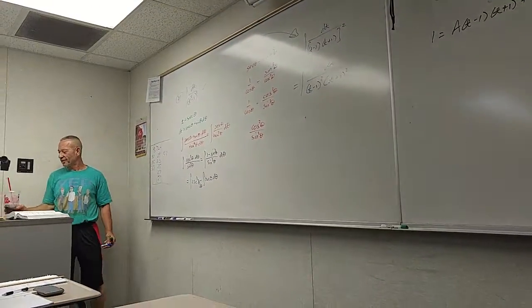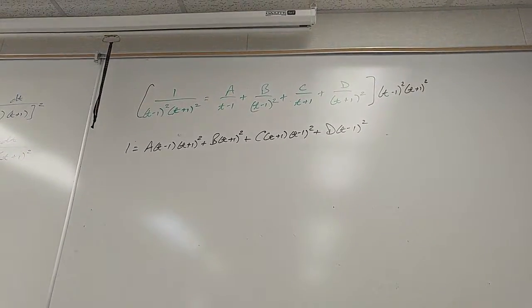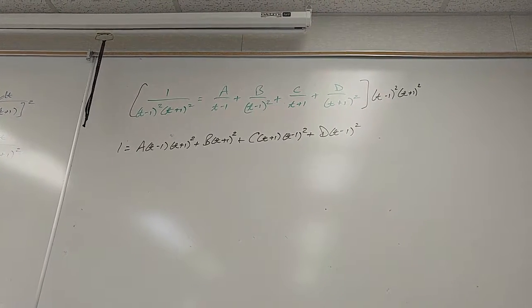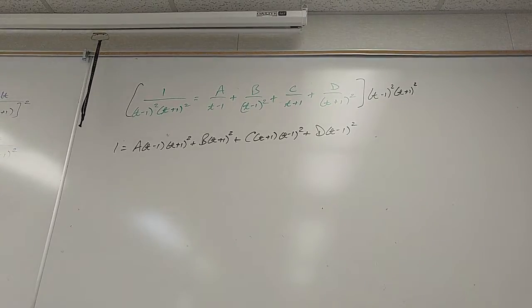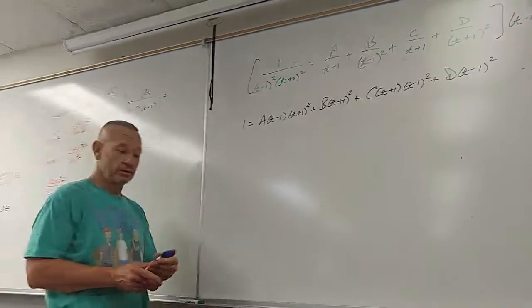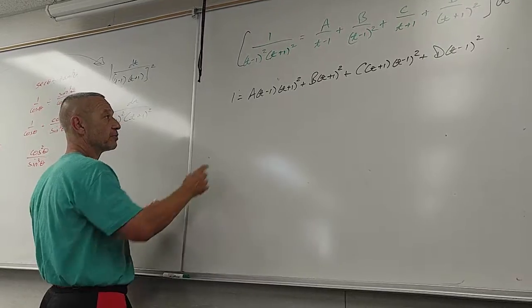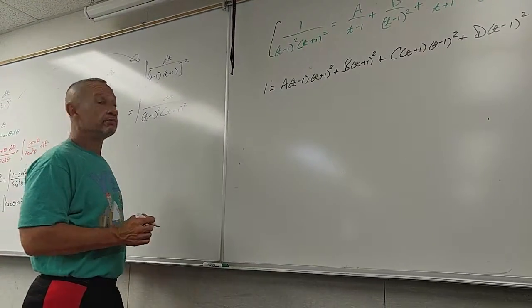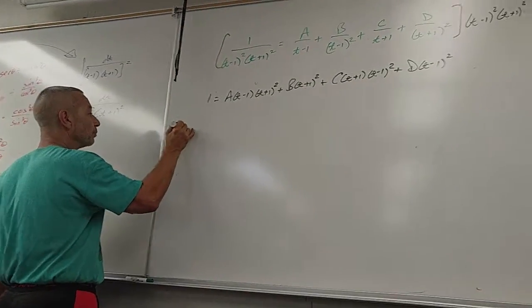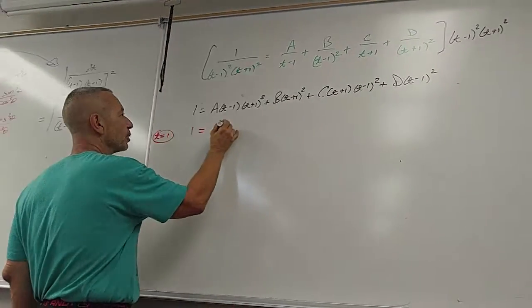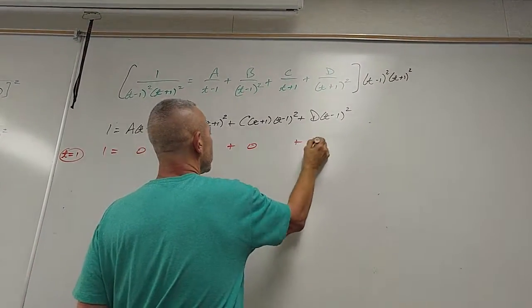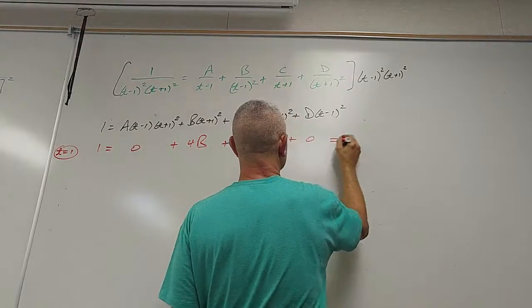Given my track record today, I'll stop for a moment and let you check that for errors. Well, I can choose any value I want for t. The left and the right have to be equal. An equal mark is a very strong statement. So I'll choose t equal 1. Then I get 1 equals, well, that's 0. That's 4B. That's 0, and that's 0. So B is 1/4.